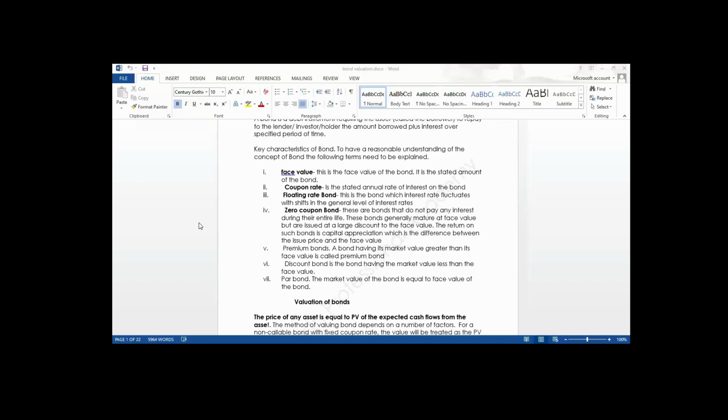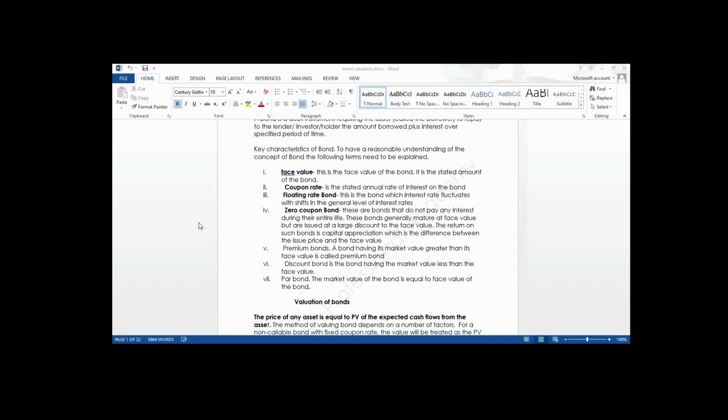Please listen to that again. There are two major cash flows expected. One, annual interest received. The borrower will pay you interest. You, the lender, are going to receive the interest, the annual interest received from year one to maturity.